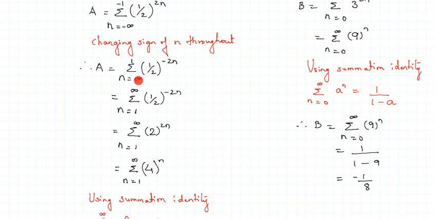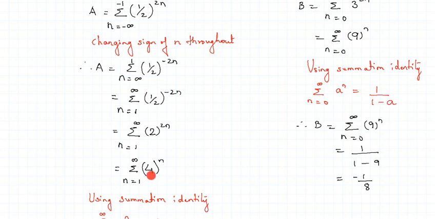So instead of infinity to 1, we have written 1 to infinity, and the rest of the equation is maintained the same. In the next step, this minus 2n power is compensated by taking the reciprocal of 1/2. So instead of 1/2, I made it 2, which changes the sign to positive. So 2^(2n), and 2 raised to 2 can be further expressed as 4.